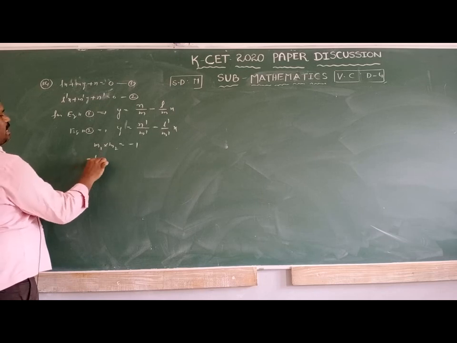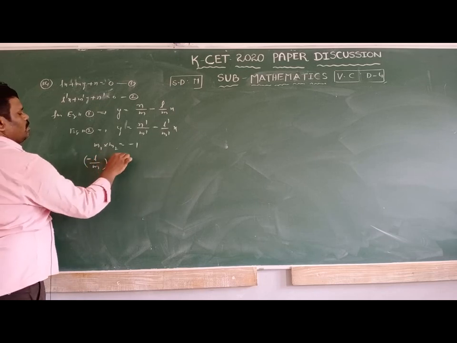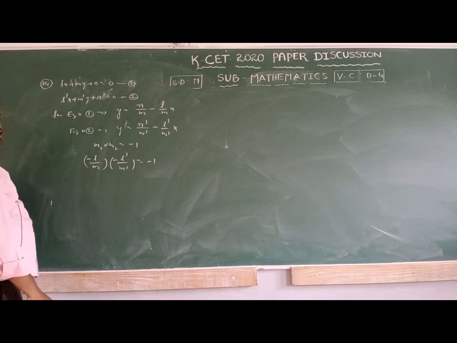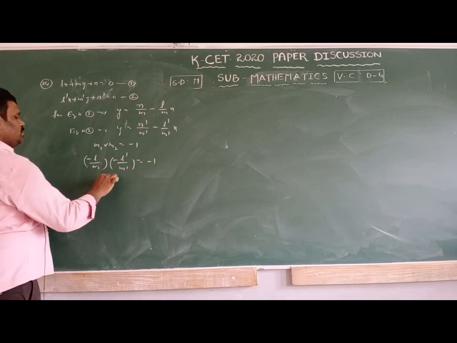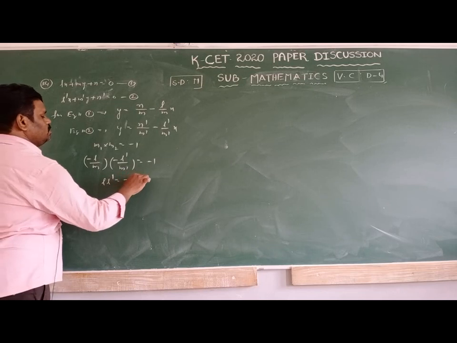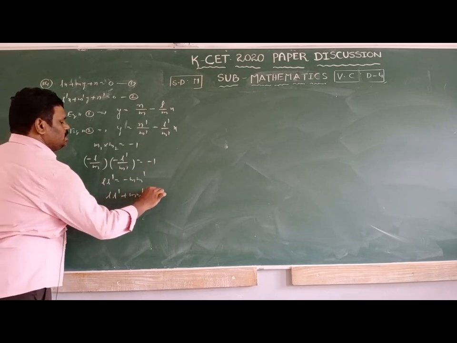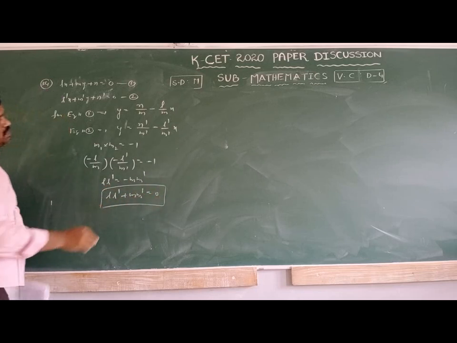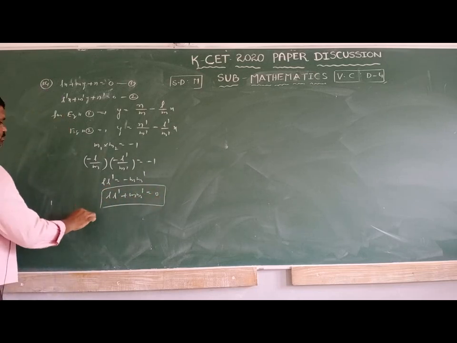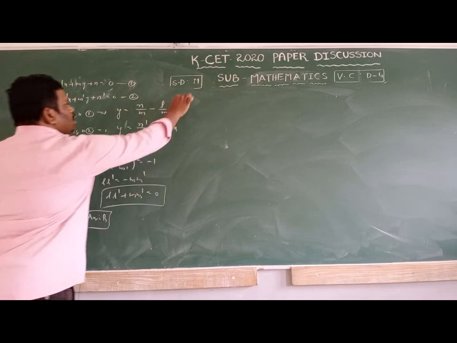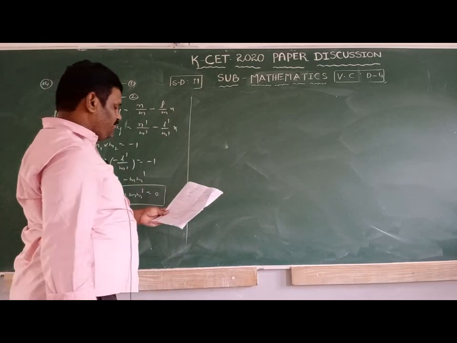So minus L by m into minus L dash by m dash is equal to minus 1. Now the product: L into L dash is equal to minus m into m dash. Then L into L dash plus m into m dash is equal to 0. So which option is correct here? B option. Answer B is correct.